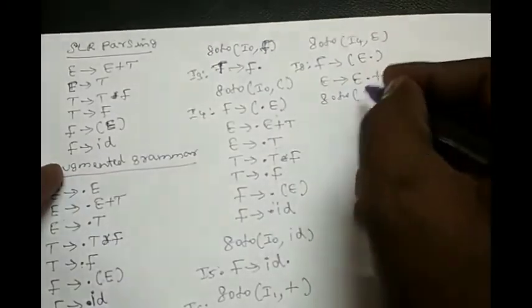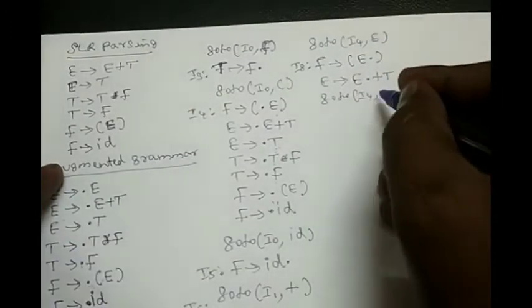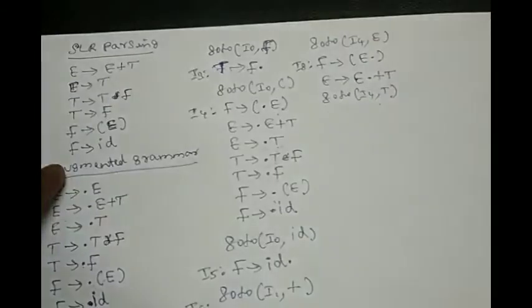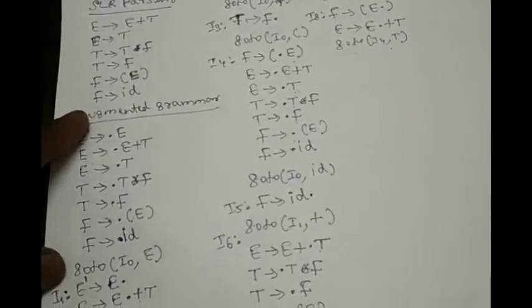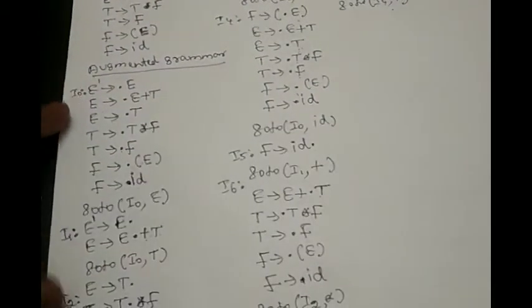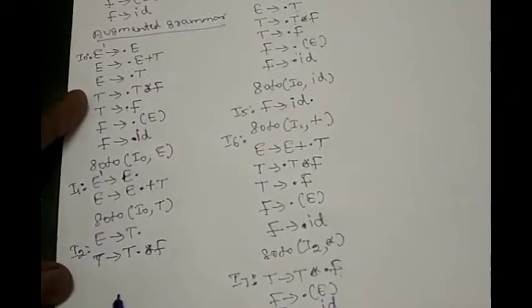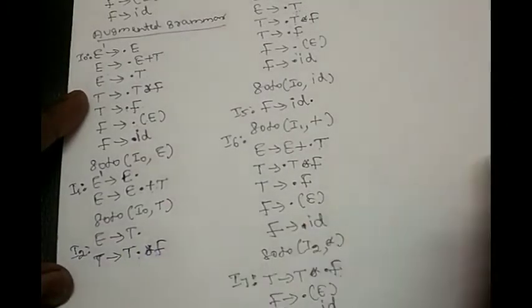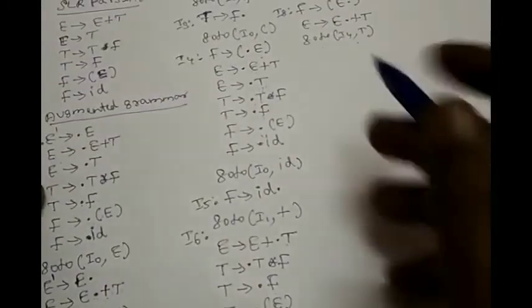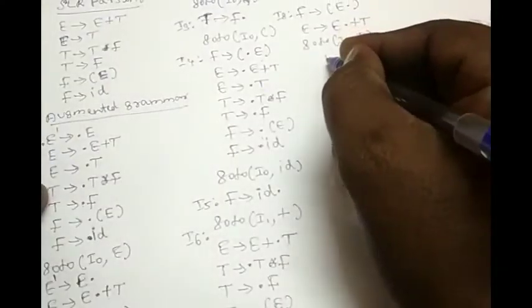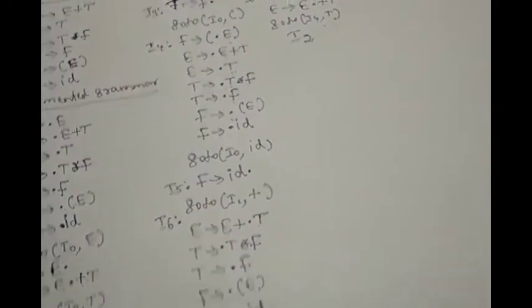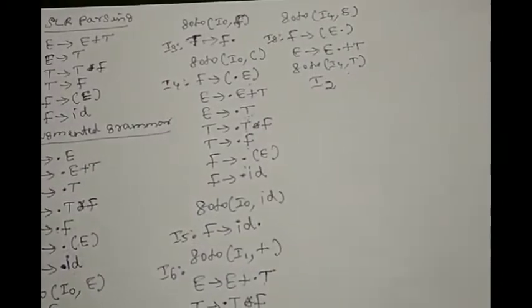So go to of item set 4 comma T will be giving me the same item set which is available in item set 2. In item set 2 I have the same item set, E tends to T dot and T tends to T dot star F. So I just write it as item set 2 because I am getting the same item set here. Now we will go for the next one.